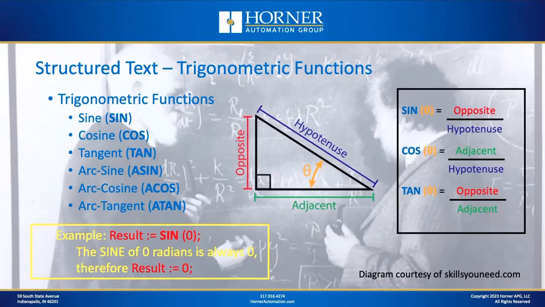You can see the definition of those as it relates to that triangle diagram on the screen. A little bit later on, I'm going to show you how you might use tangent as an example to calculate an important piece of information in a control application. So we're going to show you a specific example based on tangent, but all of these different trigonometric functions have application in industrial applications.